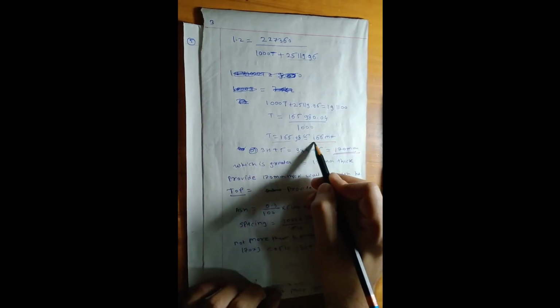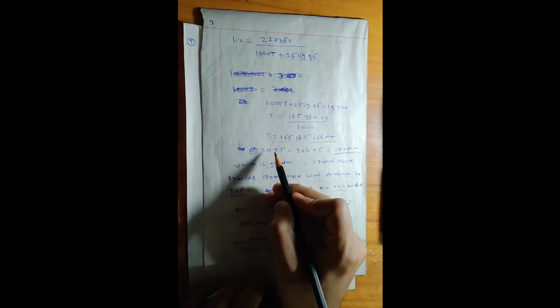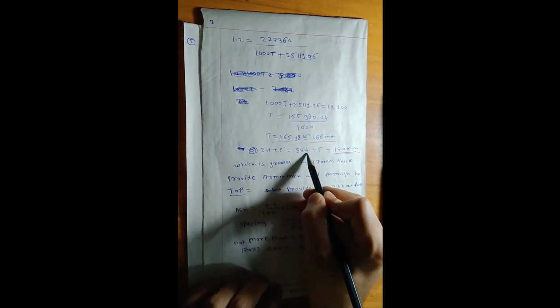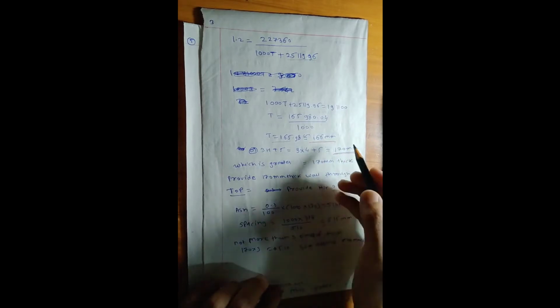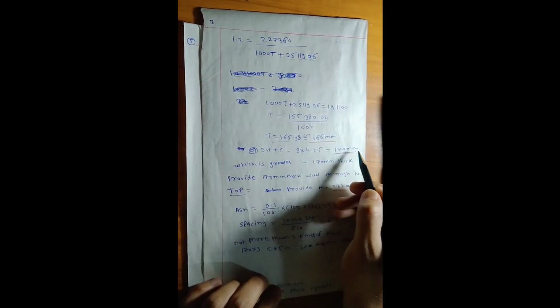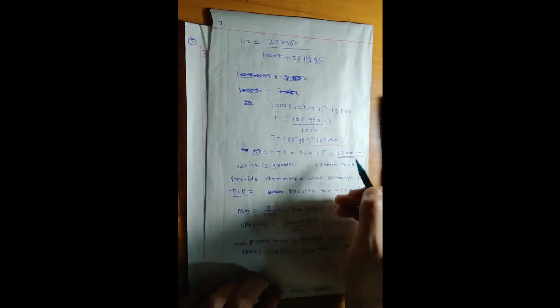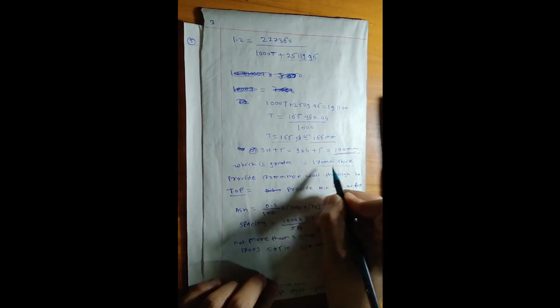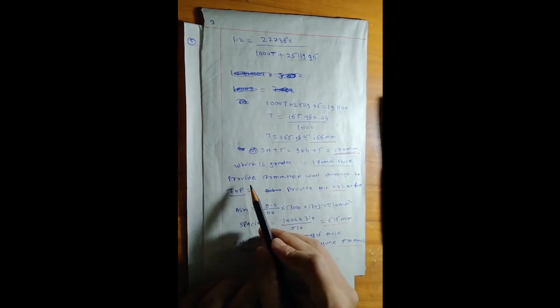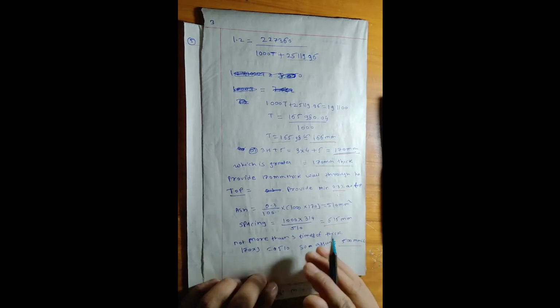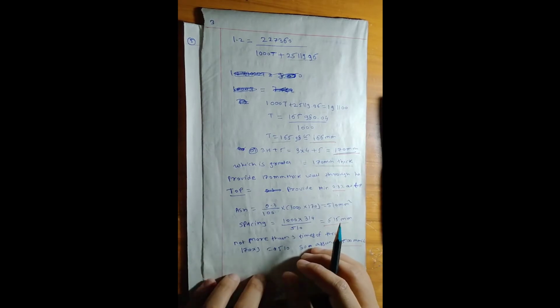So assume 166 mm thickness. Or 3H plus T, 3 into the height of the wall, which is 4, gives 170 mm thickness. Comparing 166 and 170 mm, we choose the greater thickness of the wall, that is 170 mm. So we provide 170 mm of wall over the whole height of the water tank.